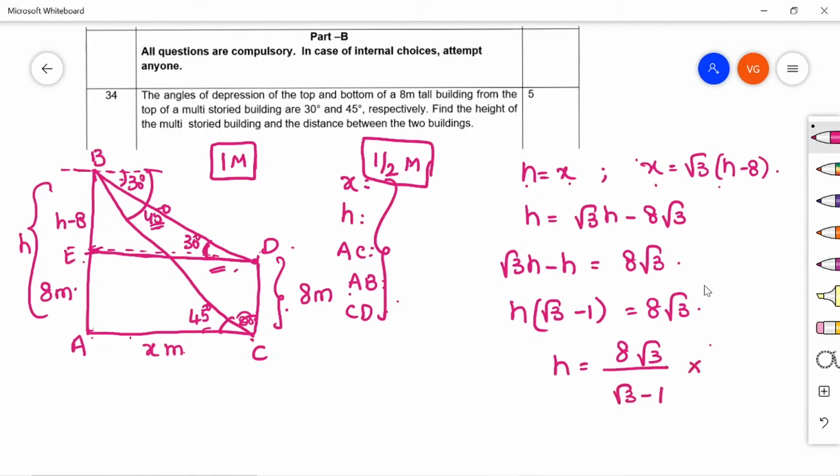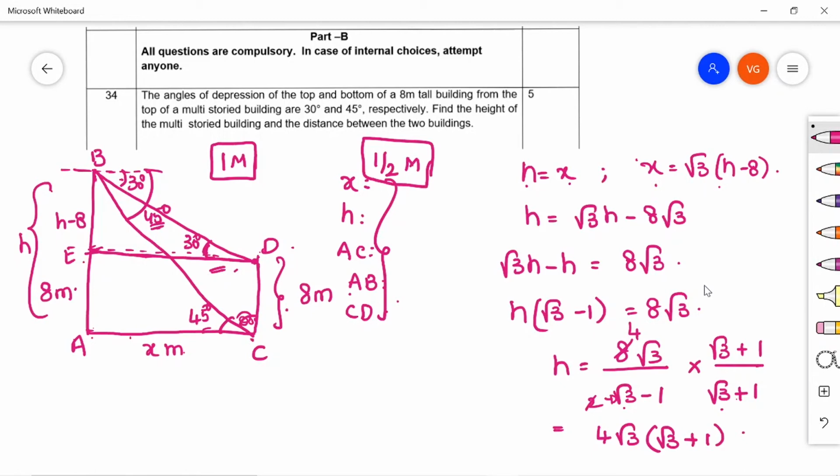A little more you can simplify by taking the rationalization here. So multiply by root 3 plus 1 and root 3 plus 1; this is equal to a square minus b square. So that is nothing but 3 minus 1, it will be 2. So 2 here will get cancelled, 4. So 4 root 3 into root 3 plus 1.